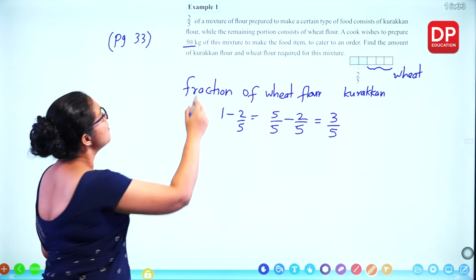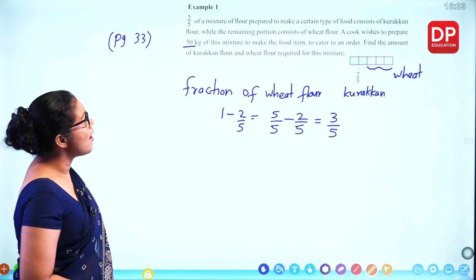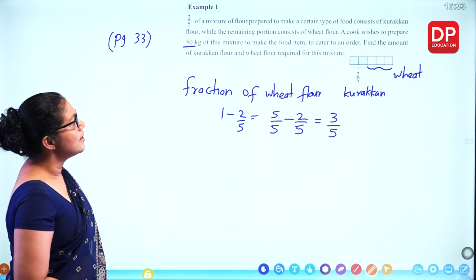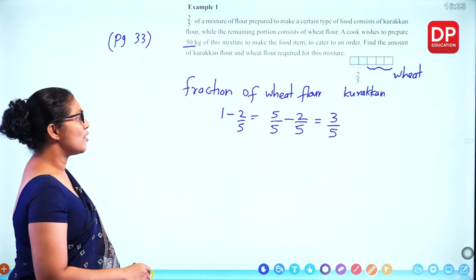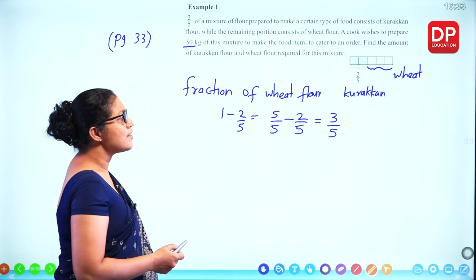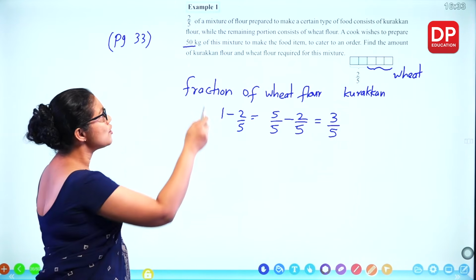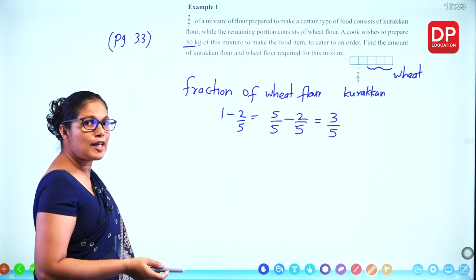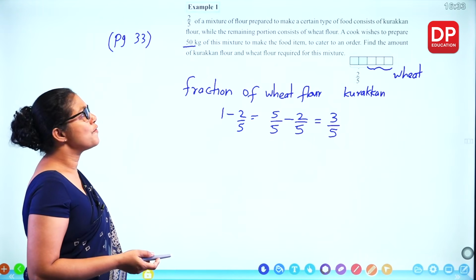Now they are asking, if the full mixture is 50 kilograms, what is the weight you need for Kurakan flour and wheat flour? So how can we find that out? The portion for Kurakan flour is 2/5. So you need to find out of 50 kilograms what is 2/5 of that.